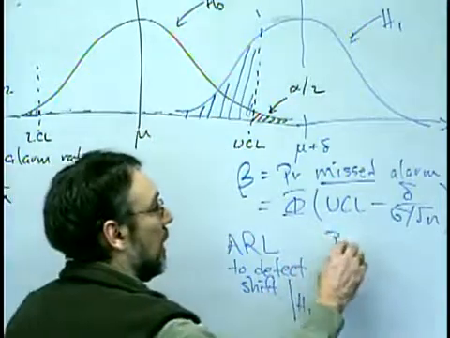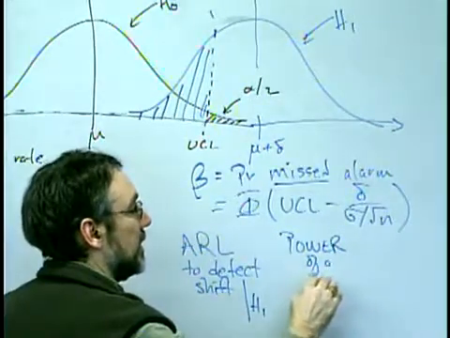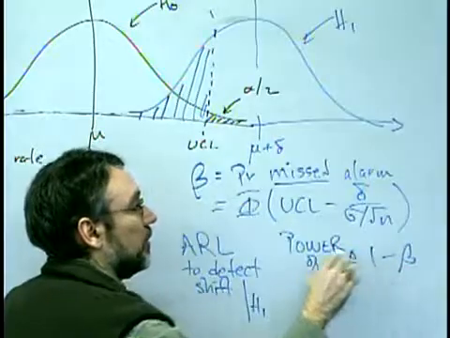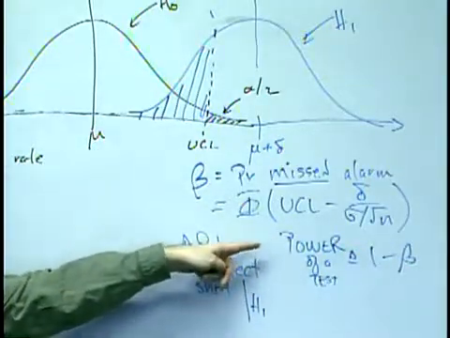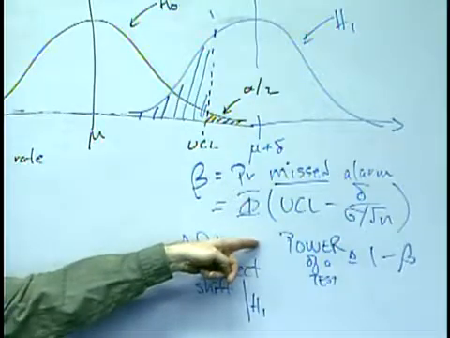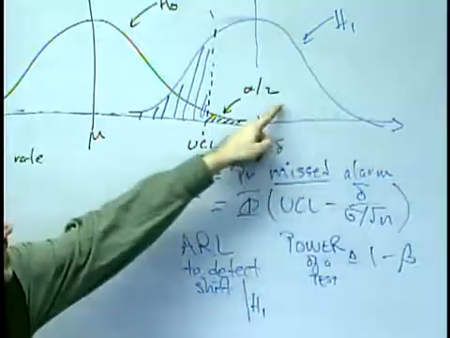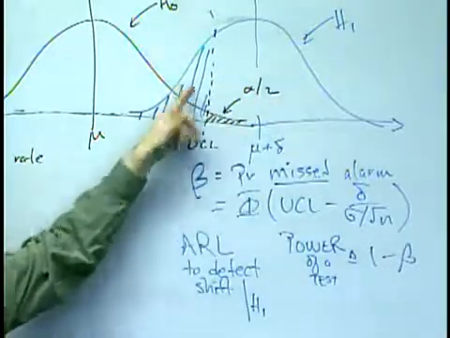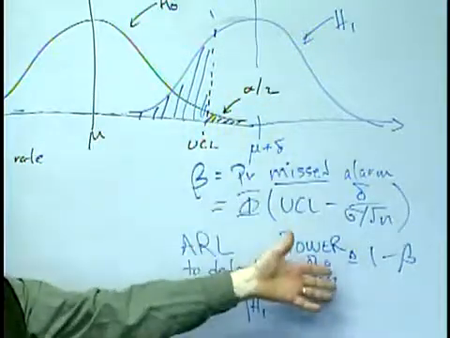There is also a definition referred to as the power of a test, which is 1 minus beta. And that's basically the probability of catching an alarm on any one run. It's everything to the right of this. So now if I draw from H1 but not in the region where I would have declared it H0, that's 1 minus beta.